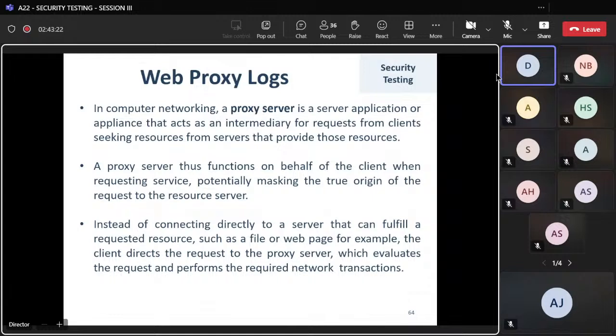In the web proxy logs, the proxy server acts as an intermediary for requests between the client and the servers which provide the resources. On behalf of the client, it requests the service, and the objective is to mask or hide the true origin of the request from the resource server.